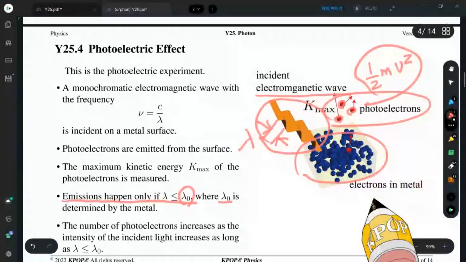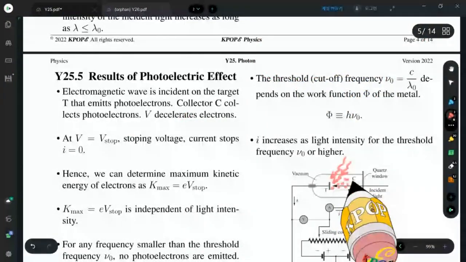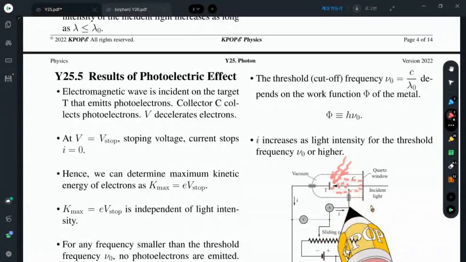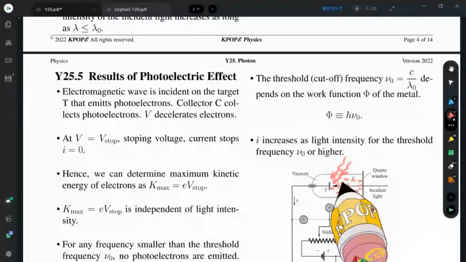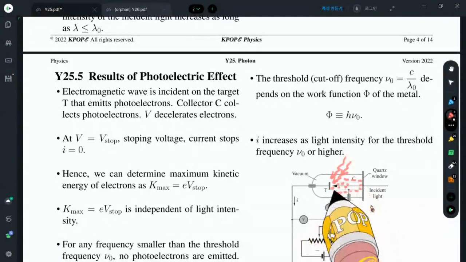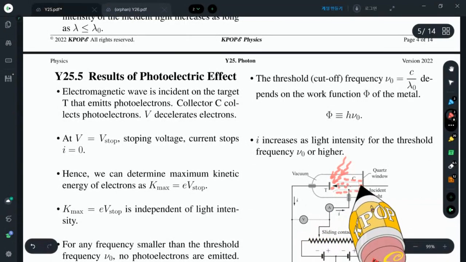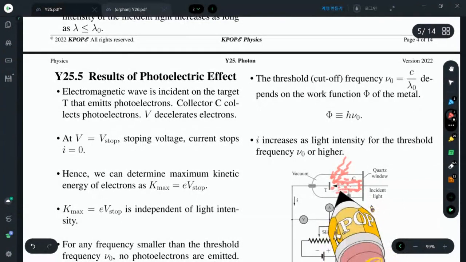And by charging this plate with negatively charged particles, that is, its potential is lower than this one, the emitted electrons are usually collected on this collector.